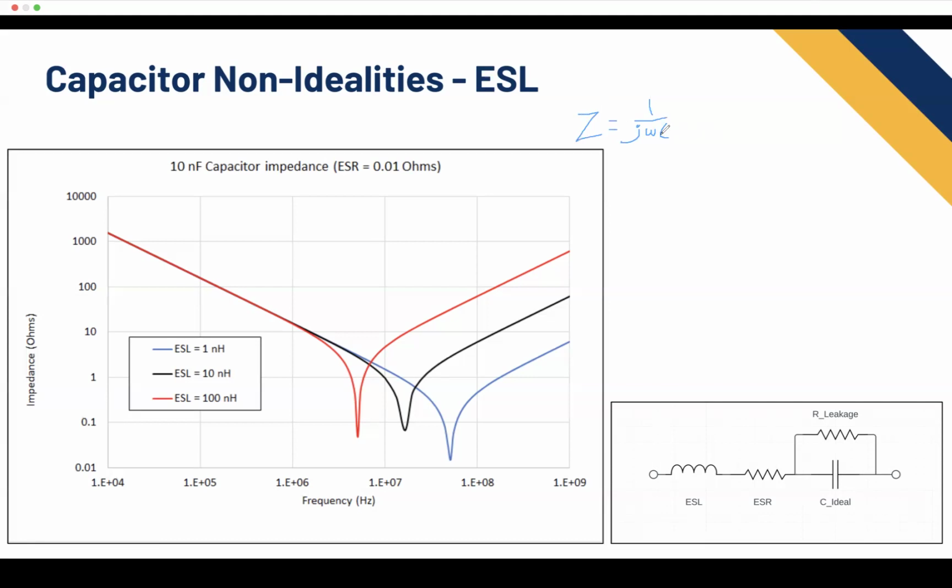As the frequency omega increases, this value is going to decrease, and that's what you see at this first part of the graph. And then because we have an inductor in series, and the impedance for an inductor is j omega L, impedance actually increases with frequency. So that's what causes it to go up on the other side.